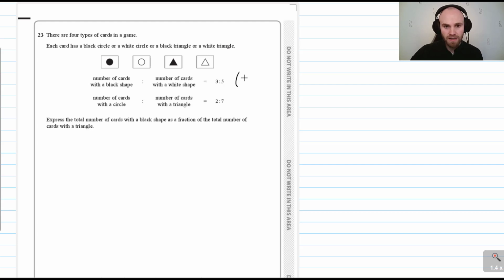So therefore there would be 8 parts to this ratio here. If I just change the color to blue, the number of cards with a circle and the number of cards with a triangle are in the ratio 2 to 7. This is in 9 parts.